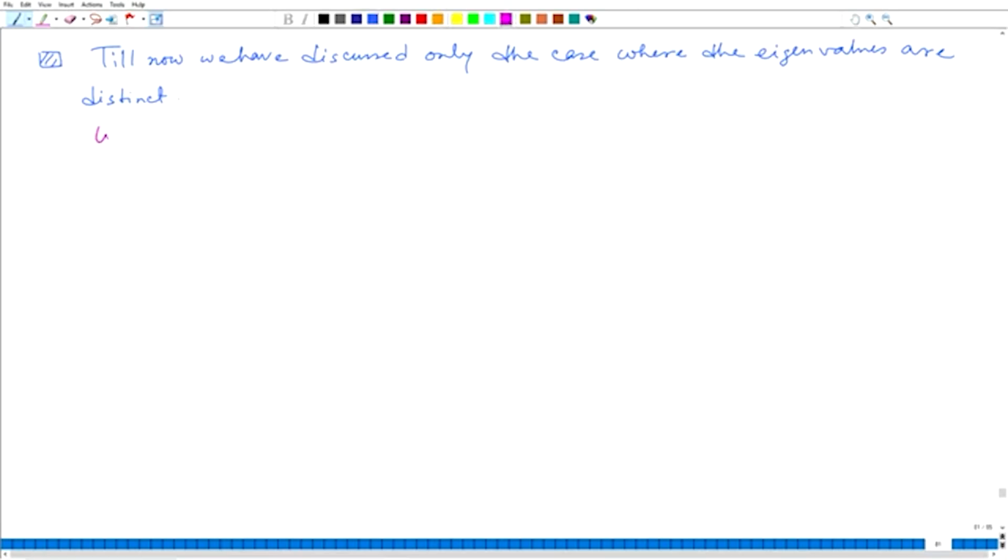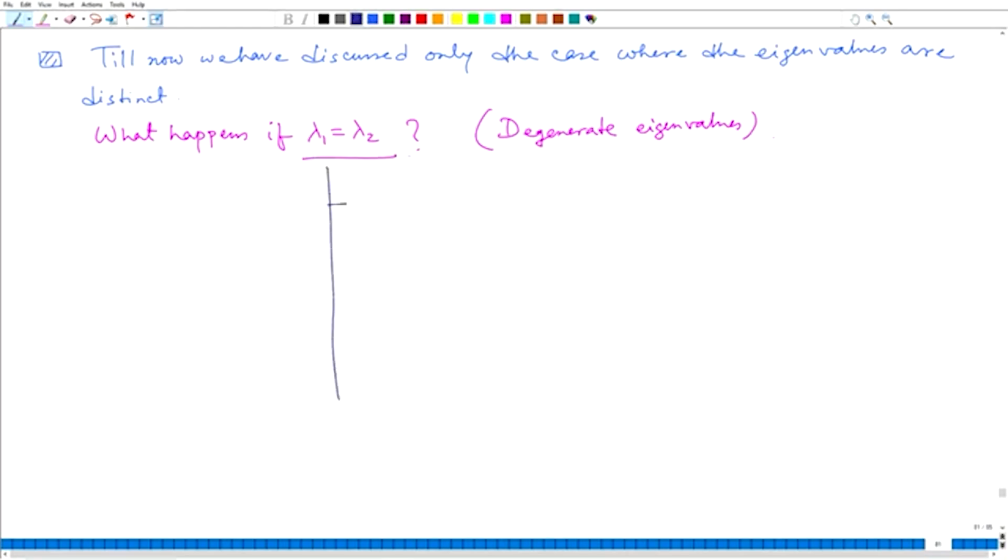What happens if lambda 1 is equal to lambda 2? This is called the case of degenerate eigenvalues. If I have equal eigenvalues, then the case actually becomes tricky, and I have two possibilities.